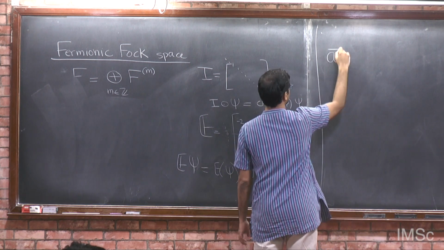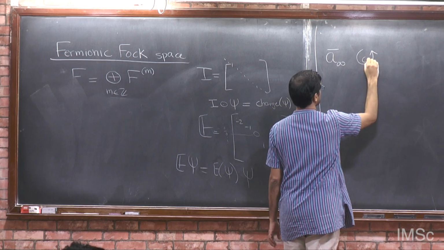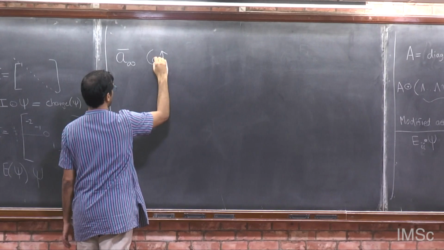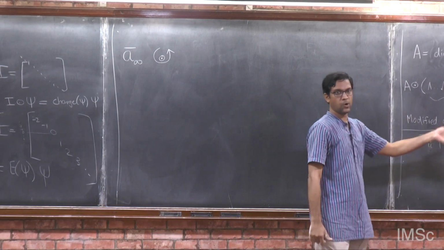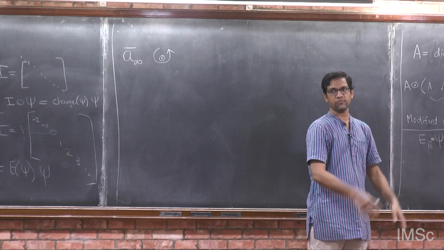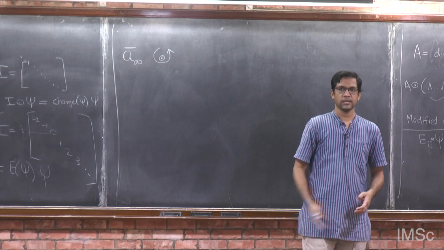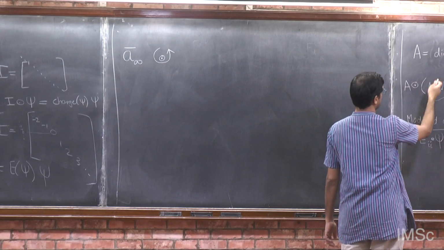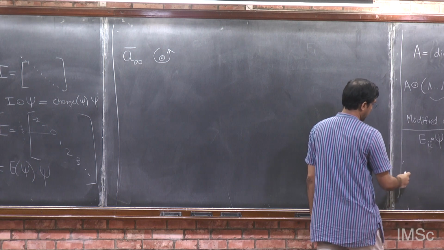I have this Lie algebra A infinity. It now acts via this new action. By the way, I only said how the diagonal guys act. I didn't say how the off-diagonal ones act. They act in the usual way. As we already saw, there's no problem with those. The new action is only for the ones supported on the main diagonal. The other diagonals are okay.